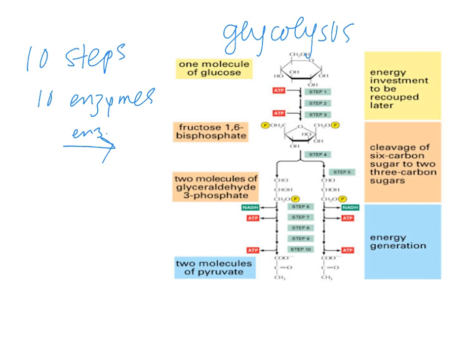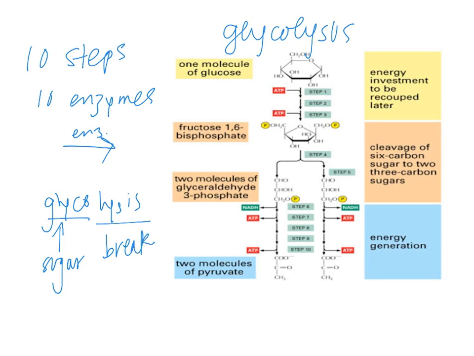So there's 10 enzymes, and glycolysis literally means, so the glyco part means sugar, and lysis means to break. So all glycolysis does is it breaks the sugar, glucose sugar, in half. So if I have a 6-carbon sugar and it's broken in half, I'm going to get 2 3-carbon pieces at the end.